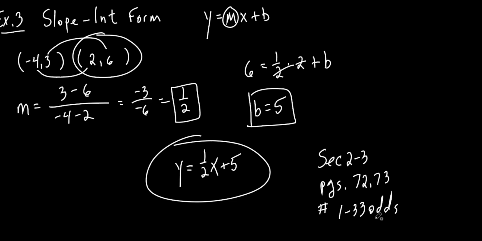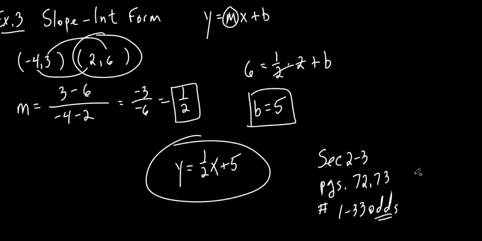Everybody see that? You're only doing the odds. Now, you probably will not get up to the end of these. There's a thing that we're going to do about perpendicular and parallel lines. So when you see them talking about perpendicular and parallel lines, that's where you could stop. But do everything up to there. I don't know what number that is. Anybody have the book open that could tell me? 27. So all the stuff we did today goes to 27.